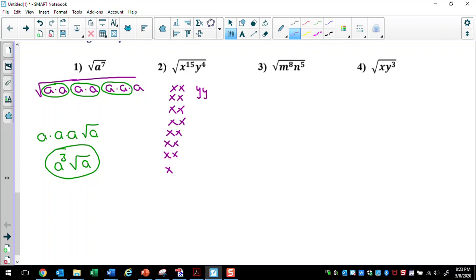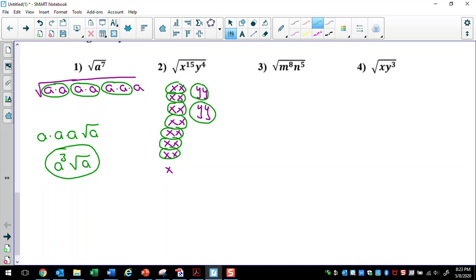So there's 2, 4. So I can go ahead and look for my pairs. So how many pairs do I have? 1, 2, 3, 4, 5, 6, 7. So I have 7 pairs of x's, and I have 2 pairs of y's.